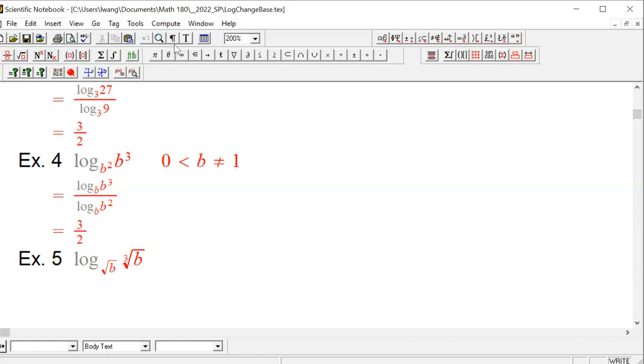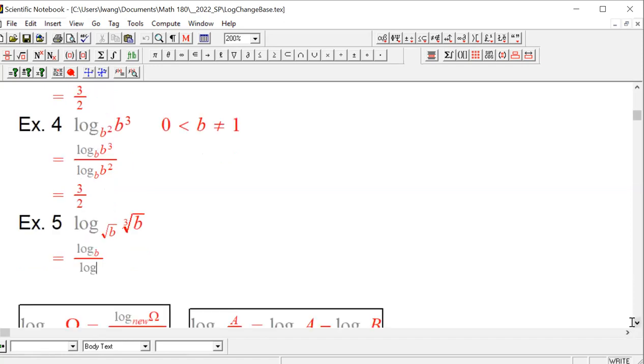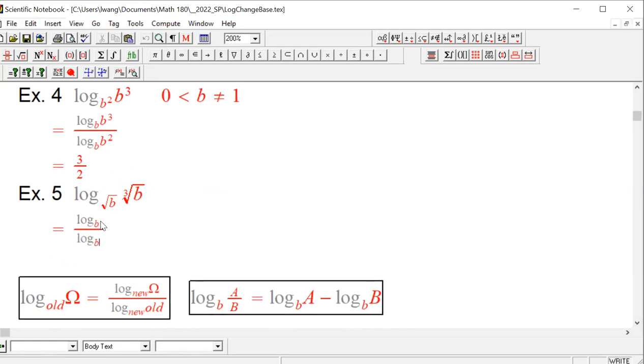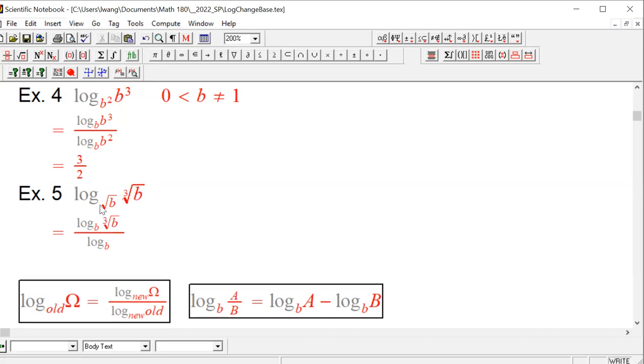If we do the change of base, our new base will be log base B, right? For both top and bottom. So by this time, I assume you guys are pretty good at the formula already. So the omega, the old base, omega is going to be on the top. The old base is going to be at the bottom.